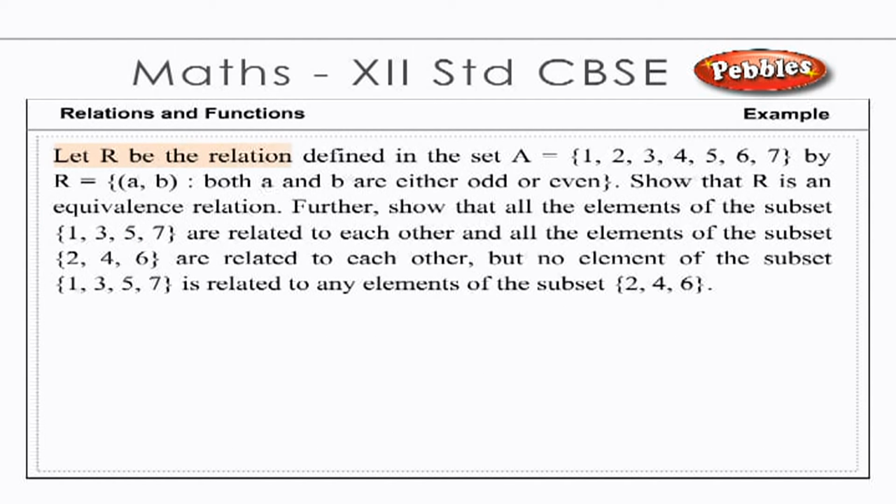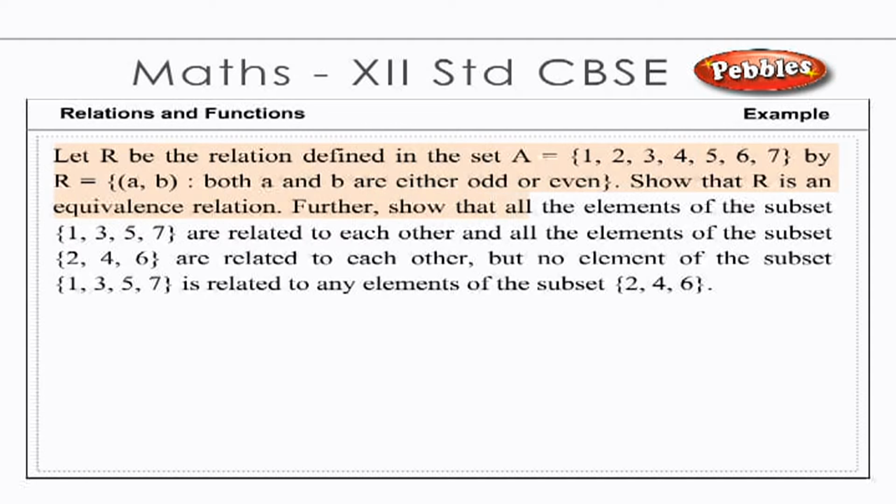Let R be the relation defined in the set A = {1, 2, 3, 4, 5, 6, 7} by R = {(a, b): both a and b are either odd or even}. Show that R is an equivalence relation.